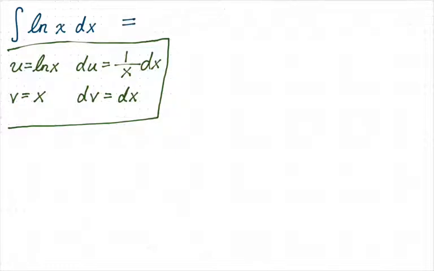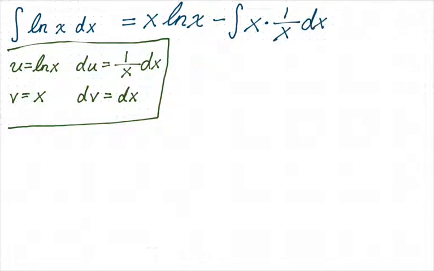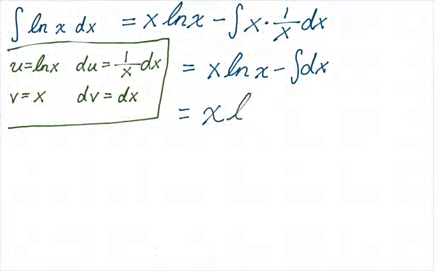So this is u times v minus v du, and this is x ln x minus the integral of just dx, so x ln x minus x plus c.